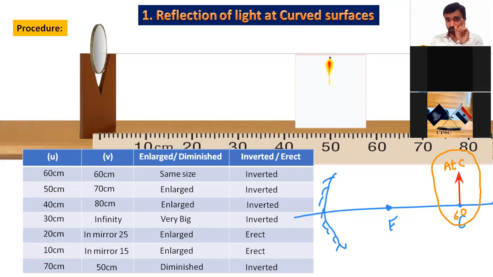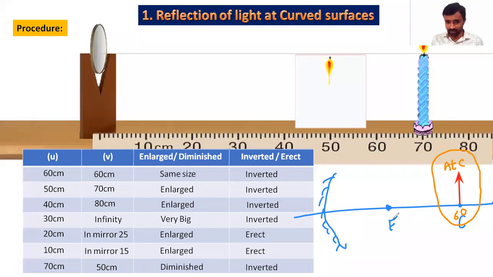I am deciding the position of the object with known points in front of the mirror. What are the known points in front of the mirror? Known points are focal length and center of curvature. These are known to me. So at those places I am placing the object. So 60 centimeters is one of the positions for us.